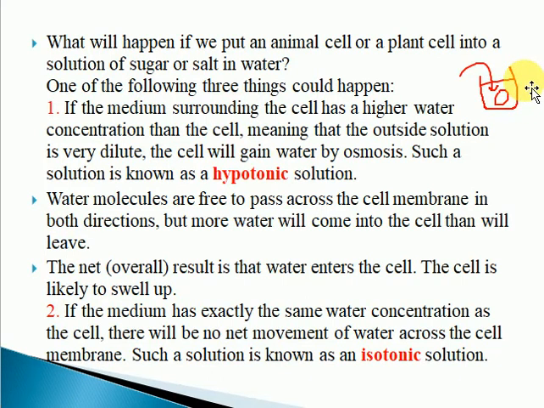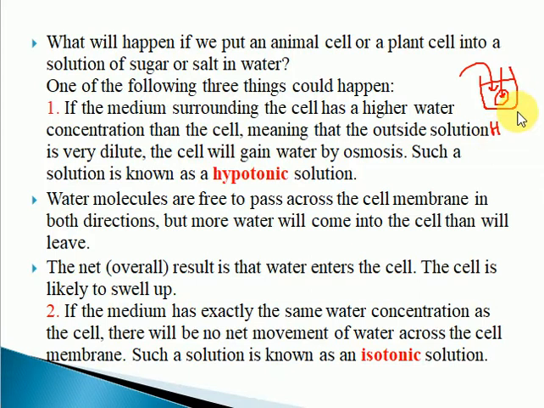So if the medium, this solution that we are taking, is having less concentration, then this plant cell or the animal cell is going to absorb water from the outside solution. So this solution is called hypotonic solution.